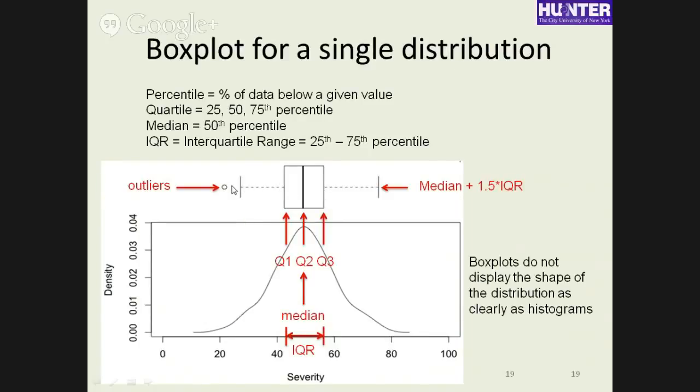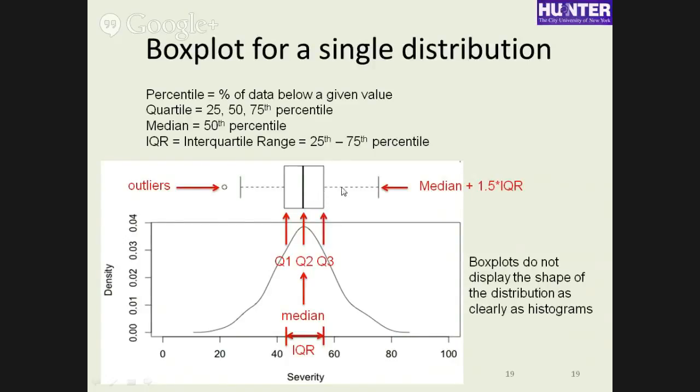And then you have these whiskers that extend out beyond by a specified amount. It goes out either to the furthest, most extreme data point, or to the median plus 1.5 times the interquartile range, whichever is smaller.